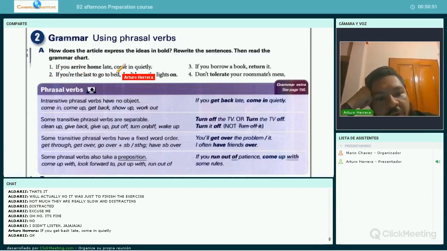Number two, if you are the last to go to bed, don't keep the lights on.